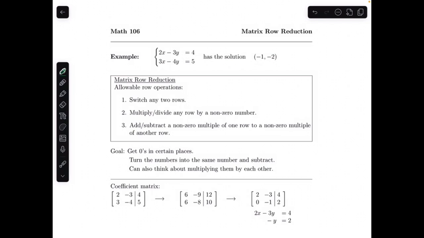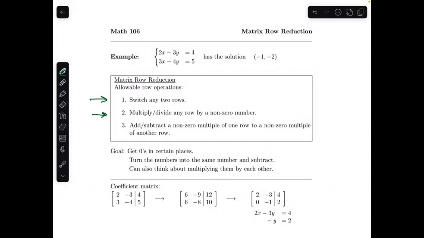It's called matrix row reduction, and here are the allowable row operations. These are the three things that you can do to solve a system of equations using this method. First of all, you can switch any two rows. That one is sometimes useful. You can multiply or divide any row by a non-zero number.